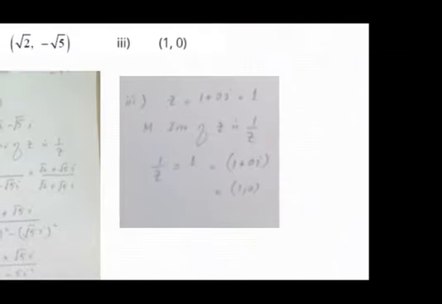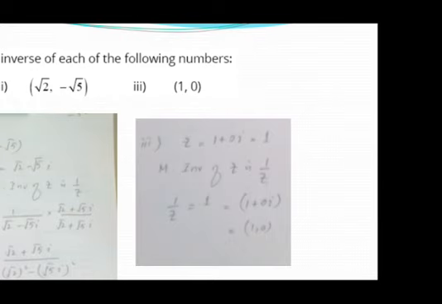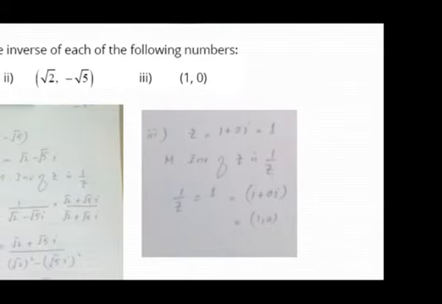The same in condition 2. In the third part, z is equal to 1 plus 0 iota, which is equal to 1. The multiplicative inverse of 1 is 1.